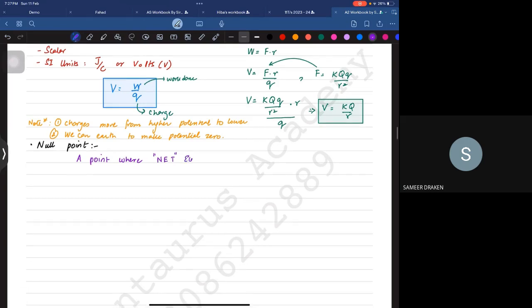Net electric field strength, which is a vector quantity, is 0. And remember that this is only possible between two like charges.